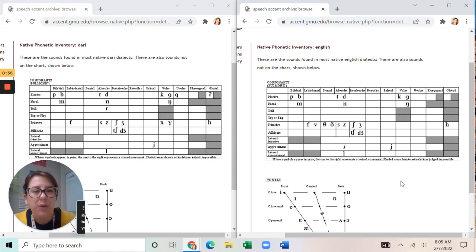We're probably going to look for a sound that's the closest approximate. Like I said, there's no R sound as we say it in English in Dari, but there is the trilled R sound. We'll call it that for lack of a better term. So that's probably what the substitution would be. We're not going to mark that as an error.